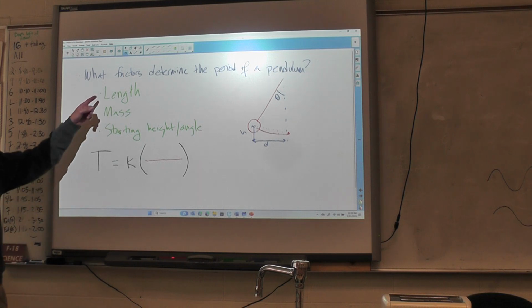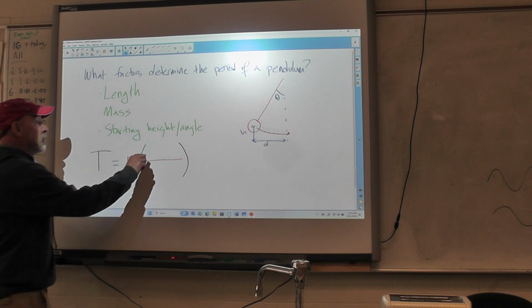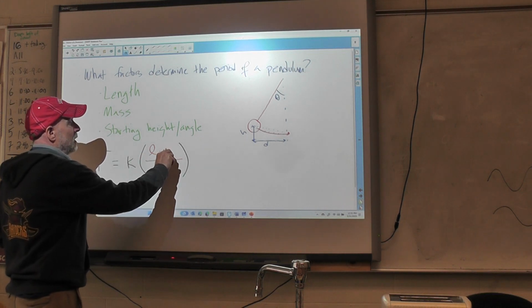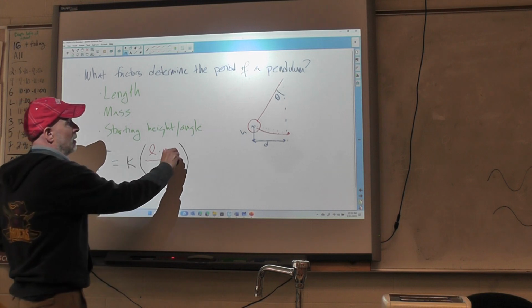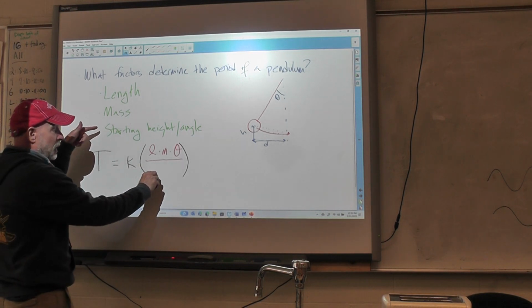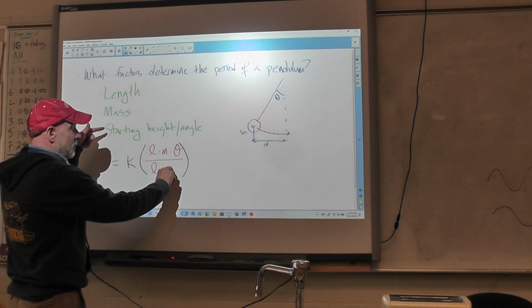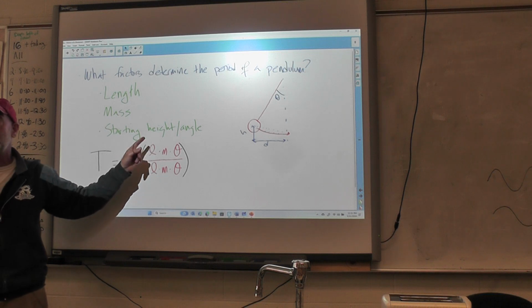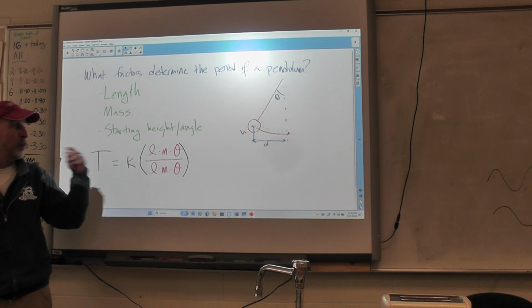So for example, we might determine that increasing length increases the period, or maybe increasing mass increases the period, or maybe increasing the angle increases the period, or we might find that those things decrease the period. And it's not going to be both for any one of these variables, obviously.